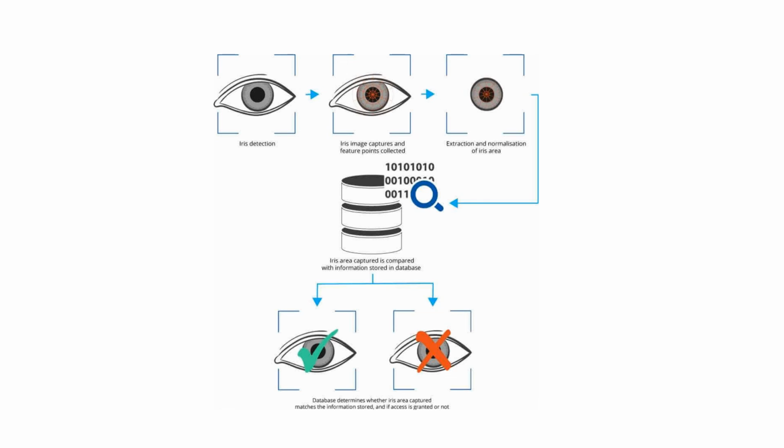So the iris image is extracted and normalized with that iris area, then the area is normalized and saved in the database. That database is compared with the already formed database, to see whether that person is identified or verified.